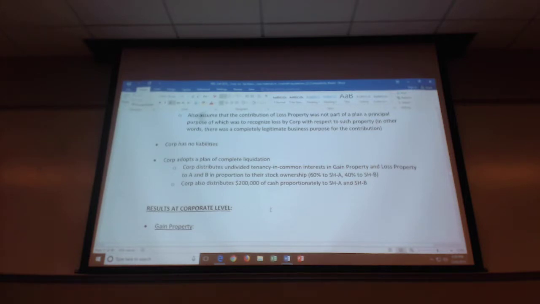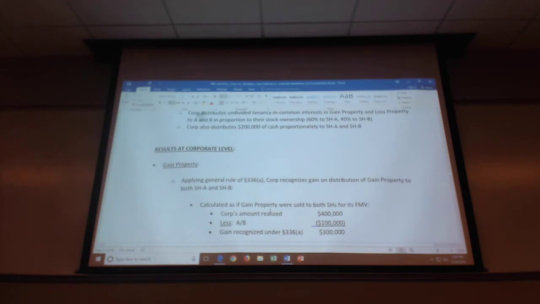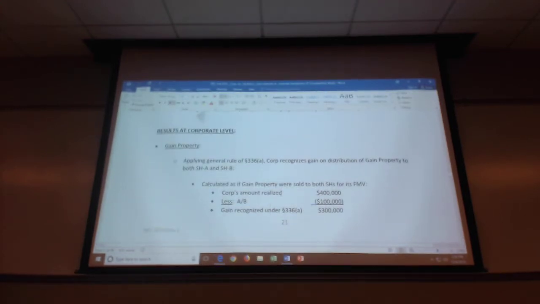So, what are the results? Again, no change in the analysis of the gain property.